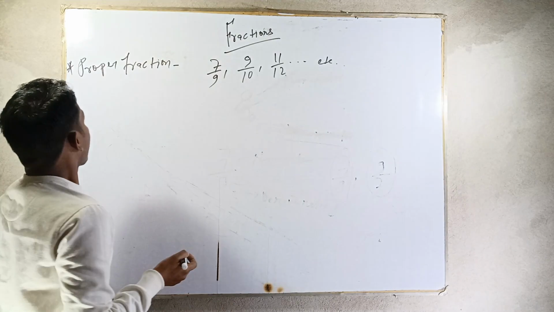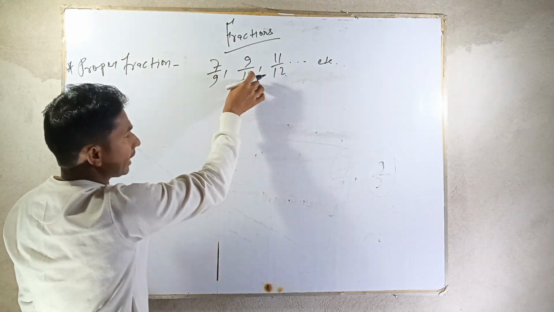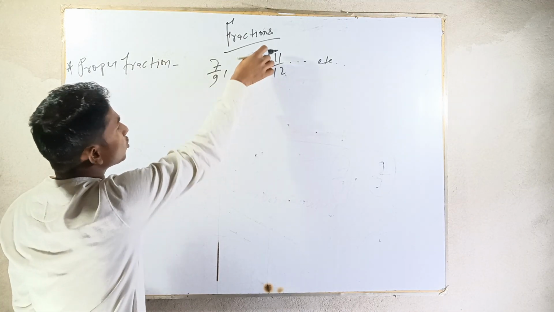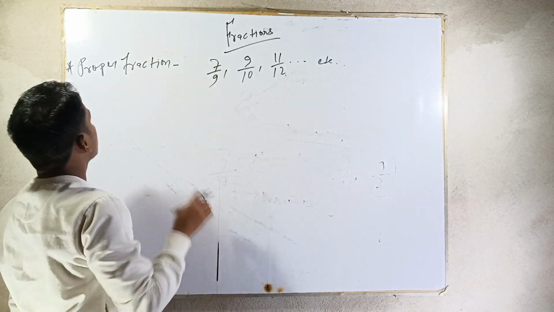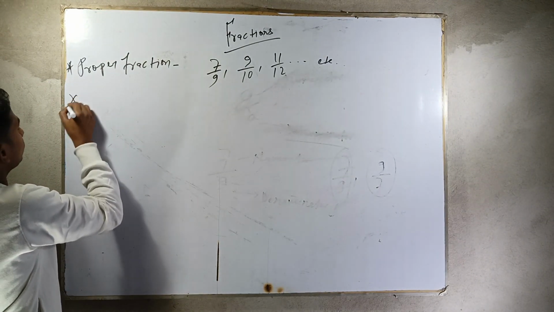In 9 by 10, the numerator 9 is also less than the denominator 10. So this type is called a proper fraction.